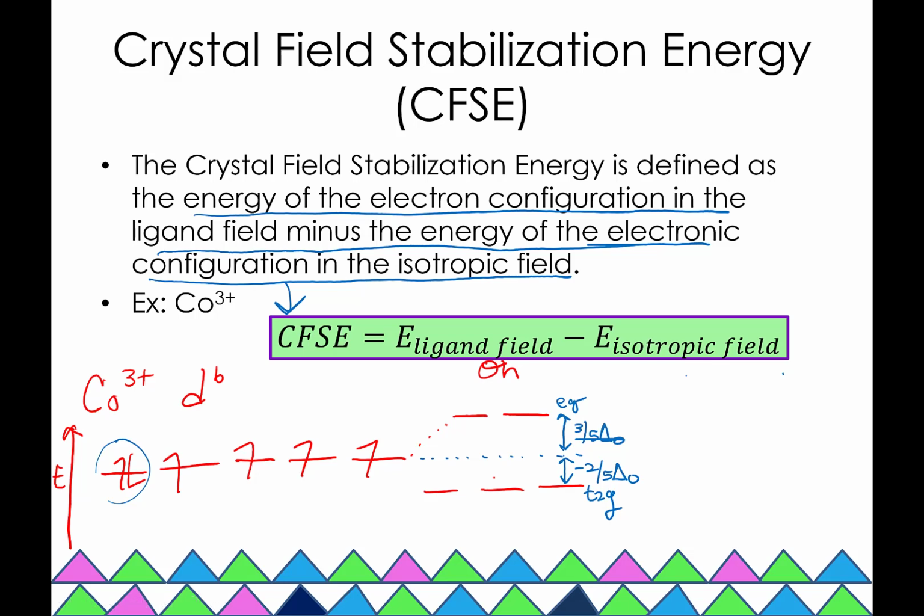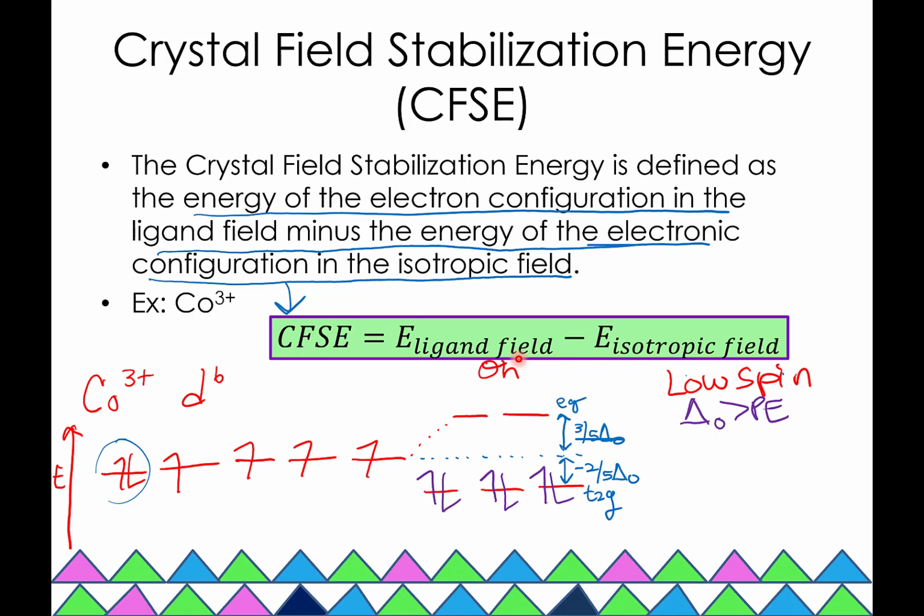We could also imagine a low spin case. In the low spin case, remember delta octahedral is greater than your pairing energy, so all of your electrons are going to be in the t2g orbital. It's going to be most stable for the electrons to populate the t2g orbital and keep the eg orbital empty.